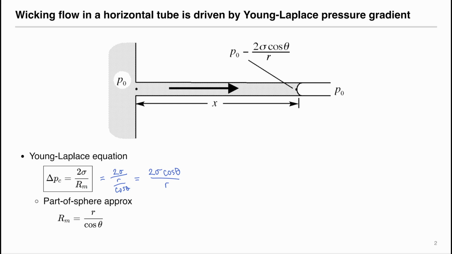At the convex side of the meniscus, we'll have a pressure of P0 minus the pressure difference required by the Young-Laplace equation, which is equal to P0 minus 2 sigma cosine theta divided by R. Because the Young-Laplace condition is not met, a driving force exists, a pressure gradient that drives the fluid continuously to the right until the liquid goes out of the capillary.